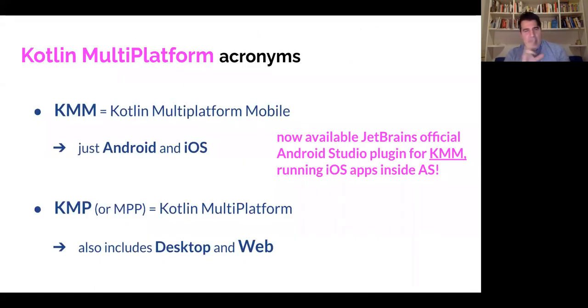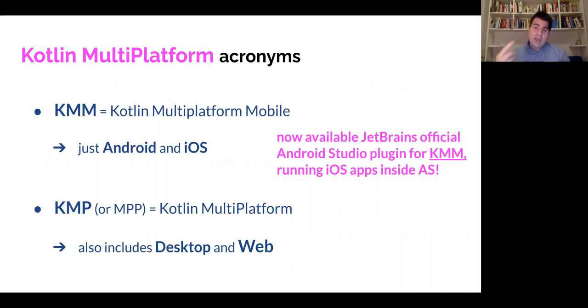One interesting thing to explain is that sometimes people get confused because they see so many acronyms about Kotlin Multiplatform. There are mainly two acronyms currently used. One is KMM, and with this we mean Kotlin Multiplatform Mobile, so we just mean Android and iOS.